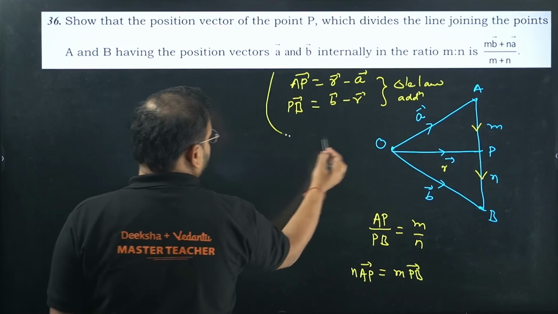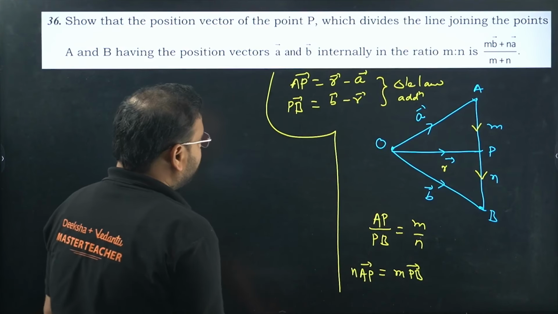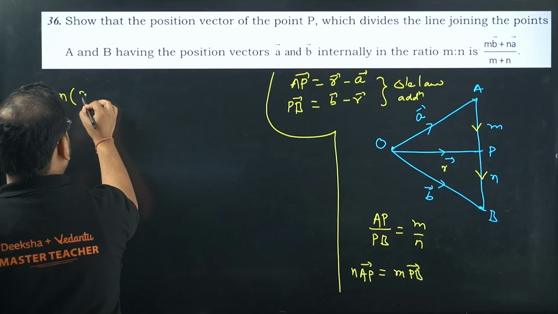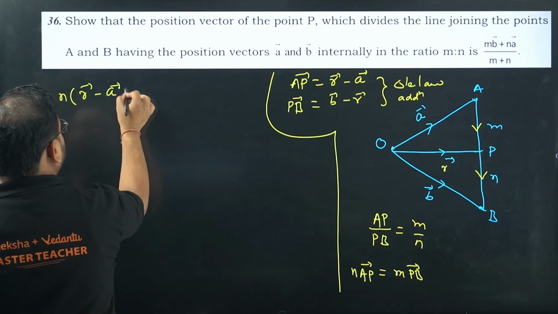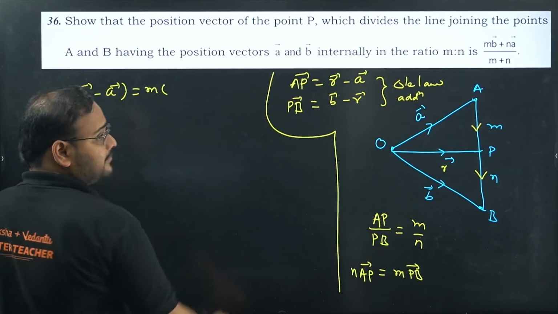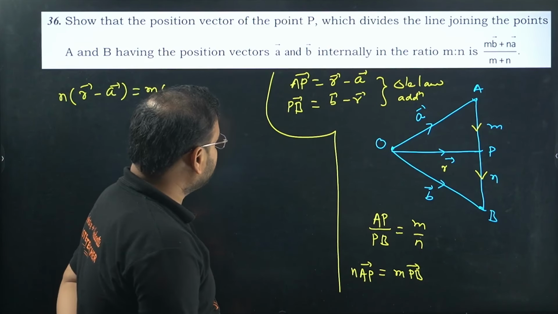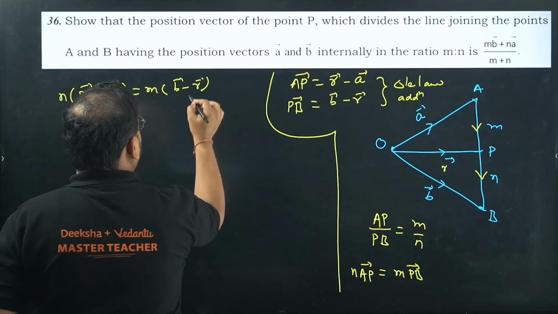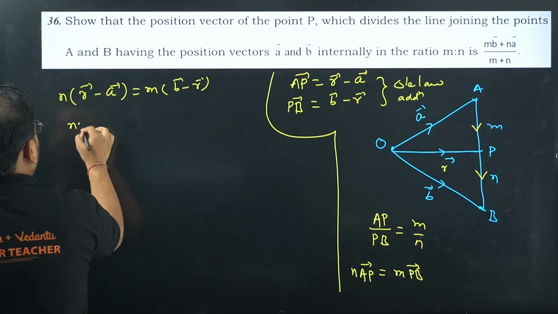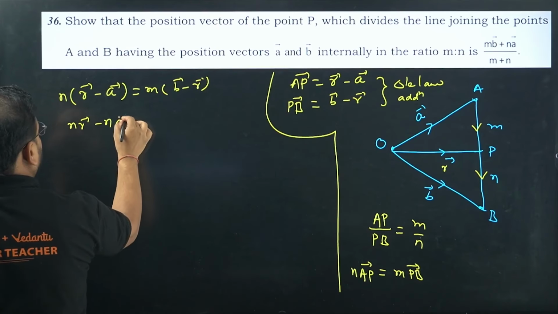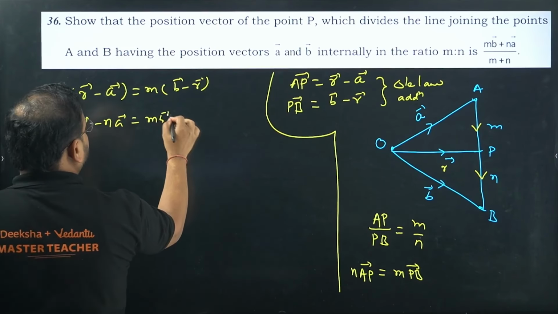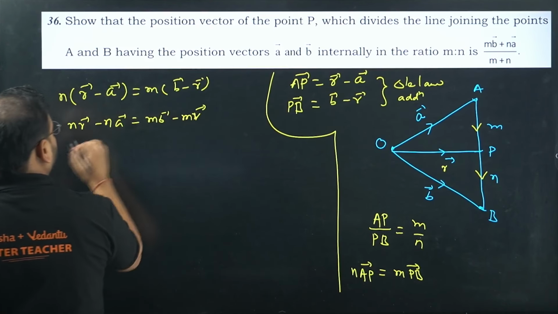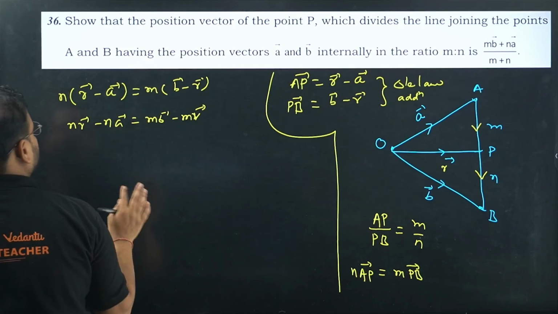So I'll have over here n times of AP. So n times of AP means R minus A, and m times of PB means B minus R. Okay, and we get here NR minus NA, MB minus MR. Okay, let's get the like terms together on the same side.